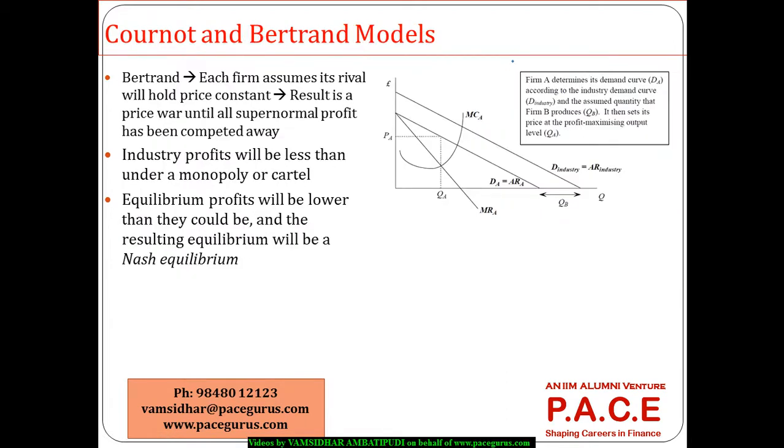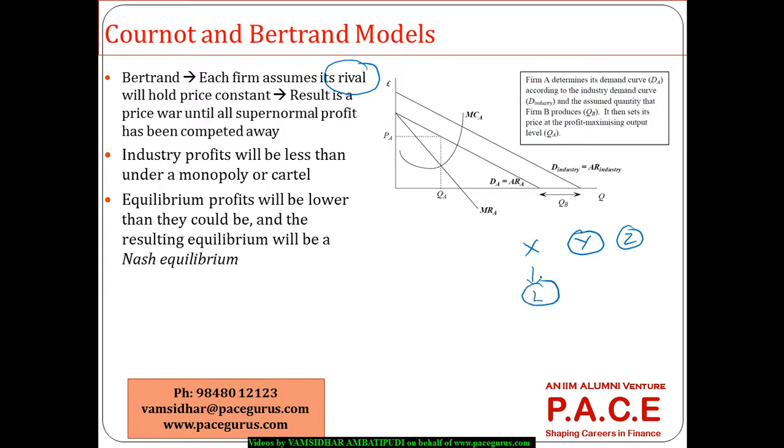So just trying to look at the economics here. If I'm looking at the Bertrand model, as I've said already, each firm assumes that its rival will hold the price constant. So if Y and Z are holding the price constant, X is going to set a reduced price.